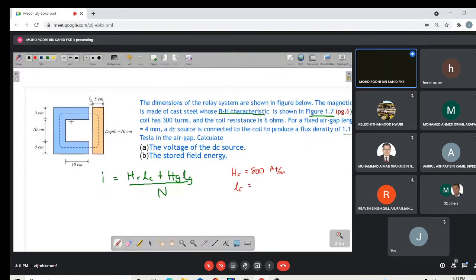What is the length of the core? It will be from here to here, plus here to here. So basically, we can divide it into two parts here, this one, and also this one.